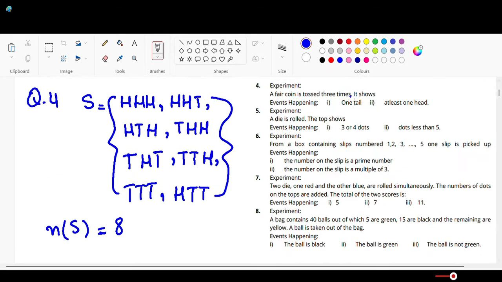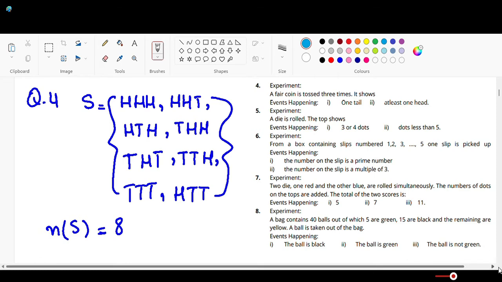Now let's move on to the first event. Event number 1 is we get 1 tail. How do we do this? We've listed every possible outcome in the sample space, so we're just going to take the outcomes that have just 1 tail and put them in the set for that event.